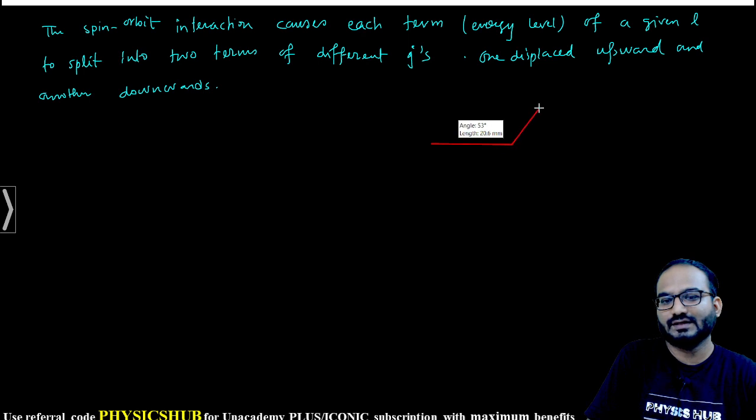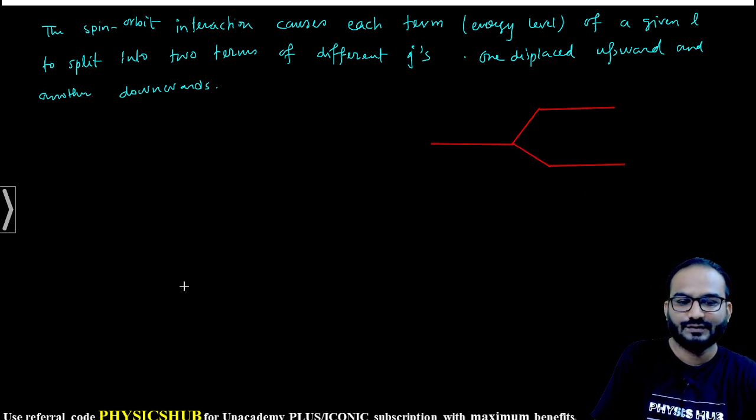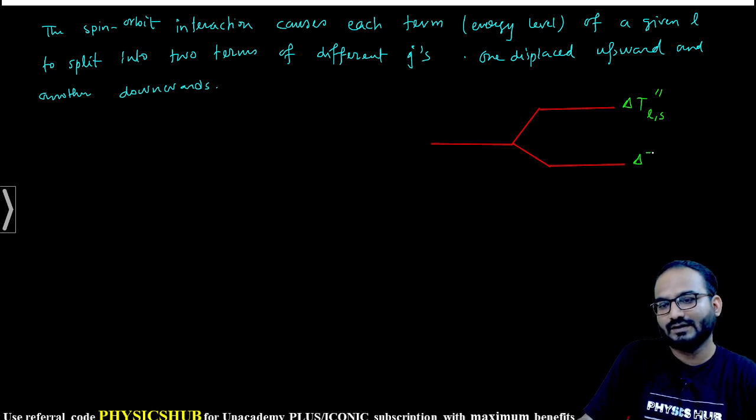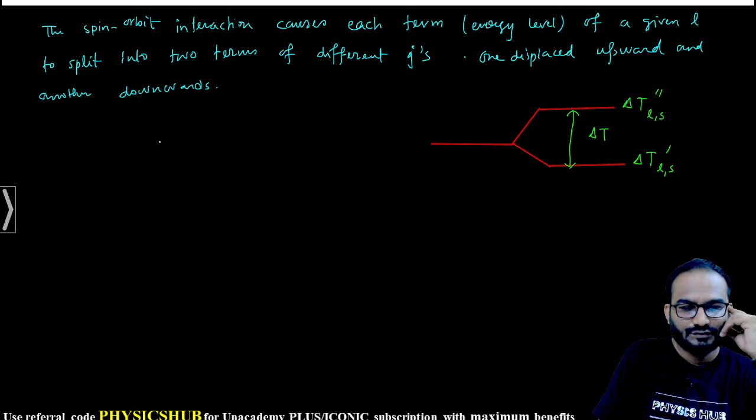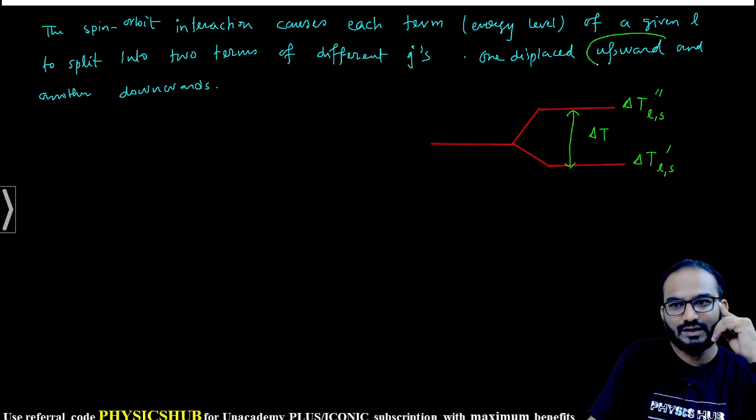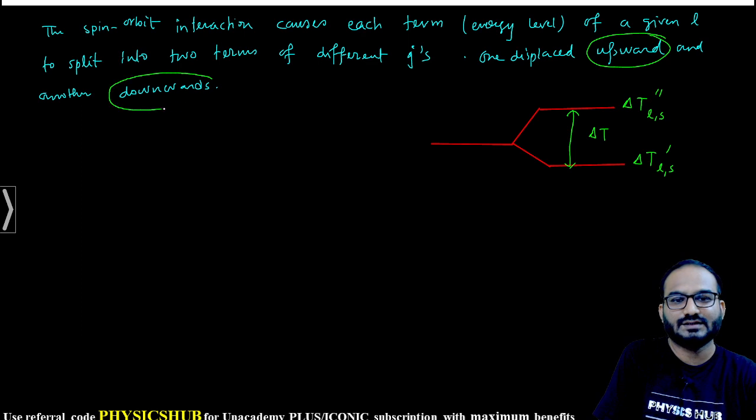Because of the fine structure, or this spin orbit interaction, it will be split into two values having different J. One is termed delta T LS double prime, the other delta T LS single prime, and this separation is known as the term shift delta T. So one is displaced upward, another one displaced downward. So what is the difference?